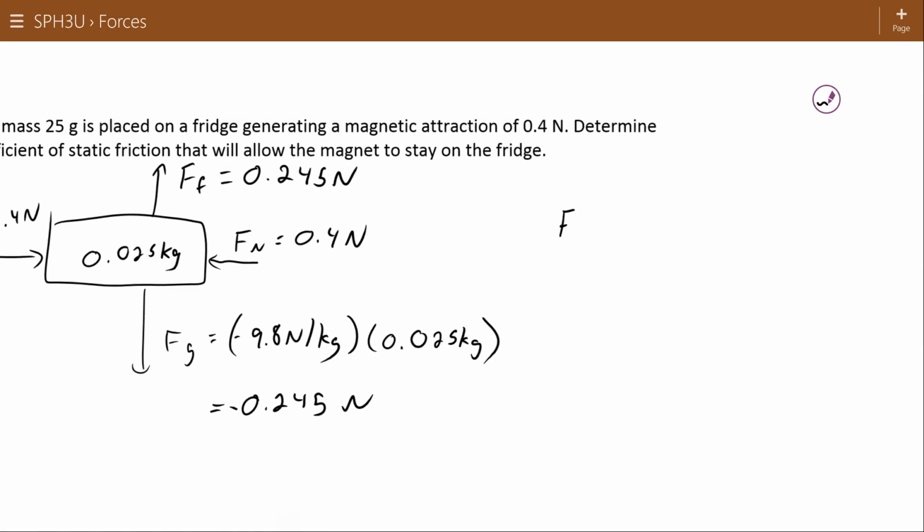Anyways, I have FF, and I have Fn. All I'm missing here is mu. So my force of friction is 0.245 newtons. That's less than or equal to mu times 0.4 newtons. I'm just going to change that to equal to.